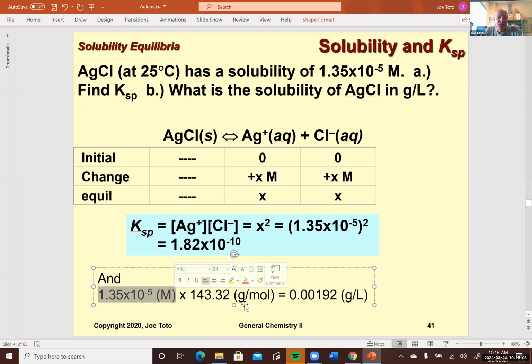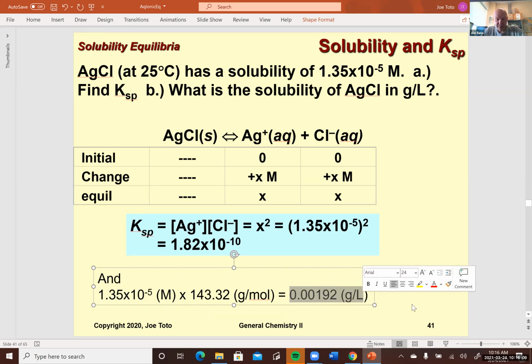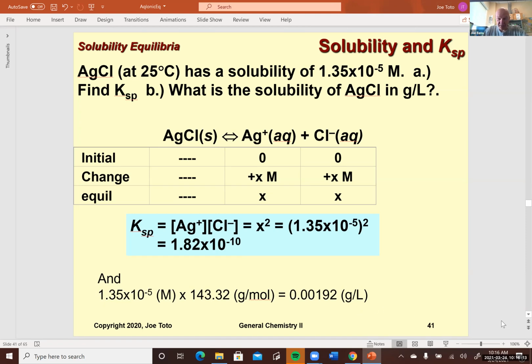I can use the molar mass to convert moles to grams and calculate it in these units if I want. Okay, so who cares? That's just another way of saying the solubility in different units. But all this other stuff is the same. It's the same song and dance. We're just relating solubility to the Ksp, whereas before we were relating things like a pOH or the pH or the percent ionization.